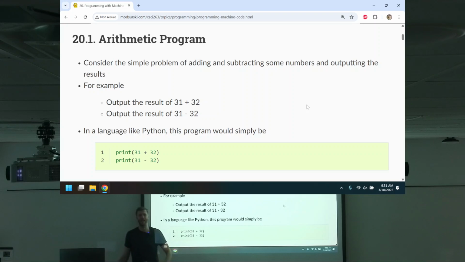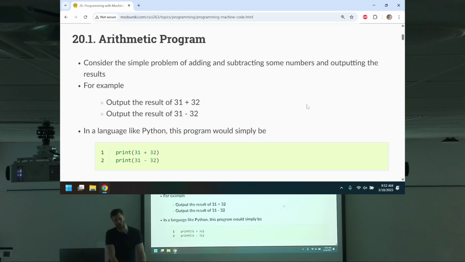If I want to say load into A from RAM the value at address 15, I would need to tell the computer instruction 1, 00011111. That's how I do that. But that's not how you write it in Python. You don't say that. You just say do that. Now, I also just said, load into A the value at address 15. Presumably, the value at address 15 is something like 31.